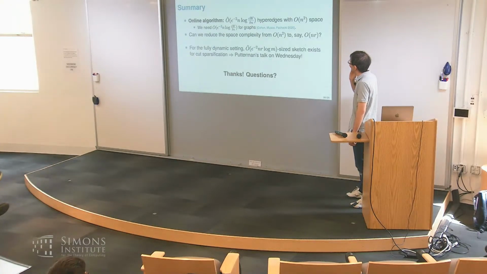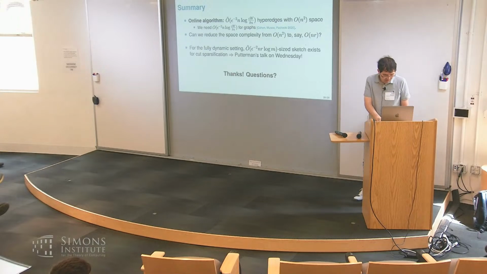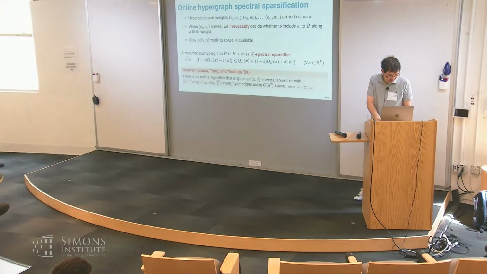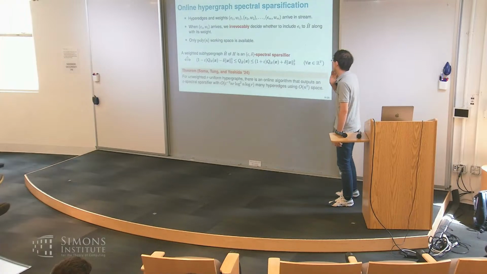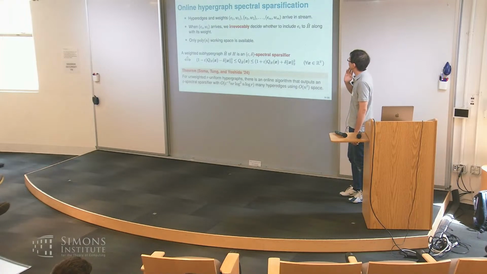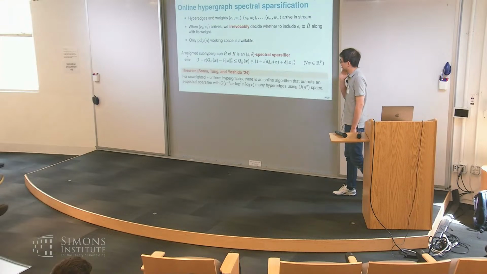Well, for the unweighted case, yes, I think I mentioned it here. If the graph is unweighted or a uniform hypergraph, we can set delta to be some number specifically, and then we get that bound.